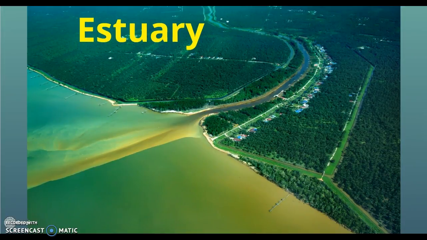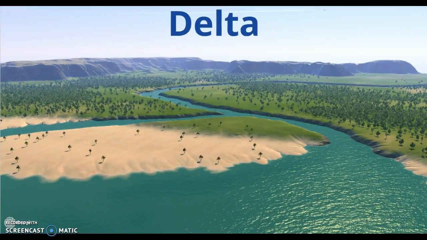Besides, we have an estuary. The estuary is the part where the river mouth is formed, is created, and the river flows into the sea. Sometimes in the estuary, some rivers create a delta.